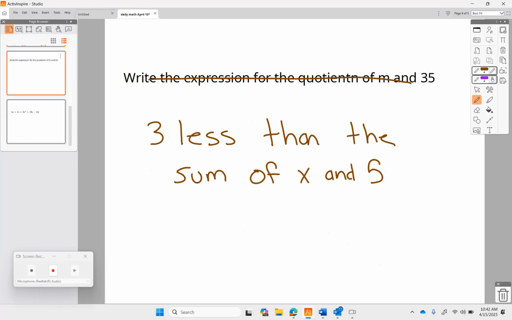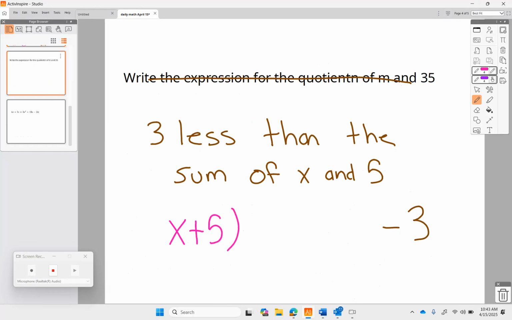These ones get a little confusing until you get used to their way of writing. 3 less than means I'm starting with something and I'm taking away 3. That means my taking away 3 is going to be at the end. In this case, it is 3 less than whatever x plus 5 equals.